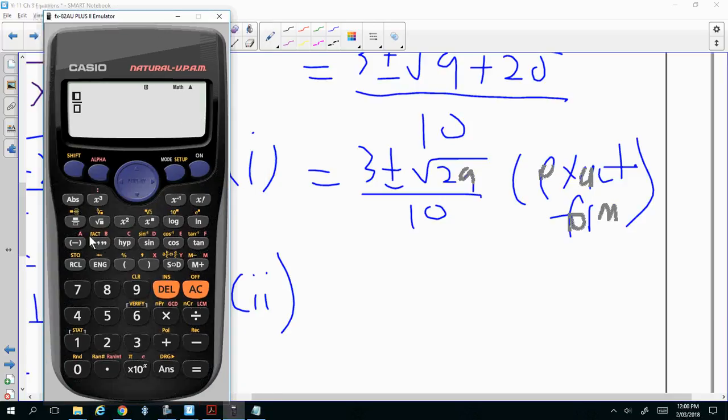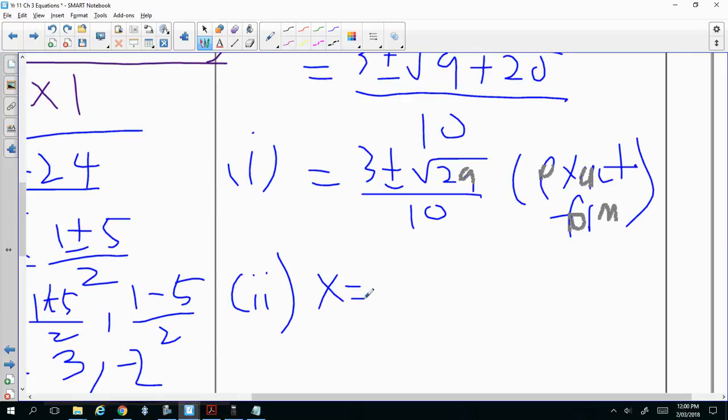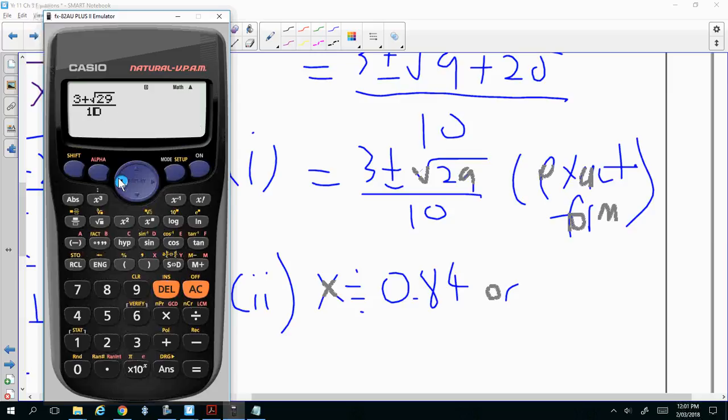That gives you 0.84. The x is 0.84 approximately. Or the other one, you just have to change that to the minus, which gives negative 0.24 as well.